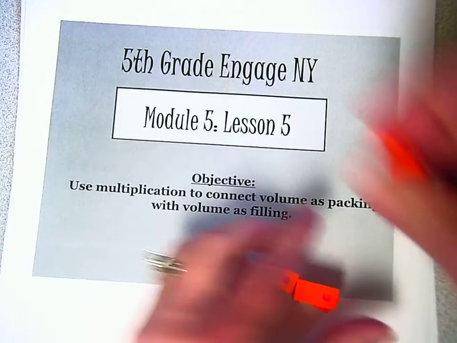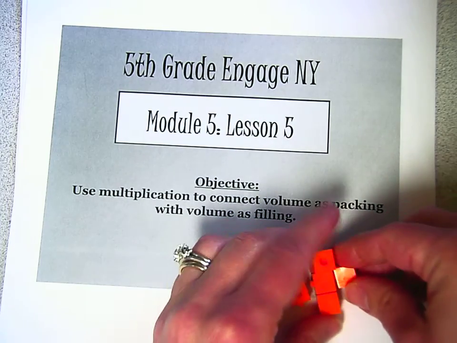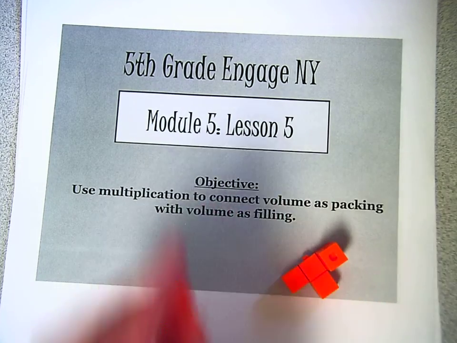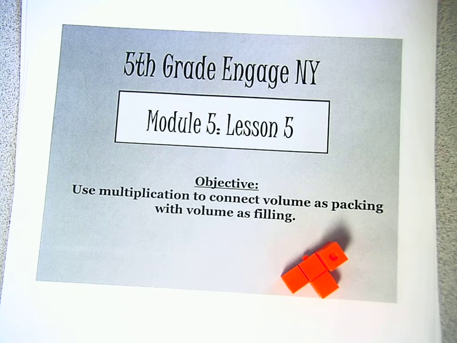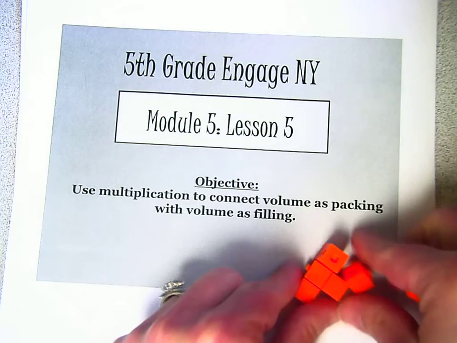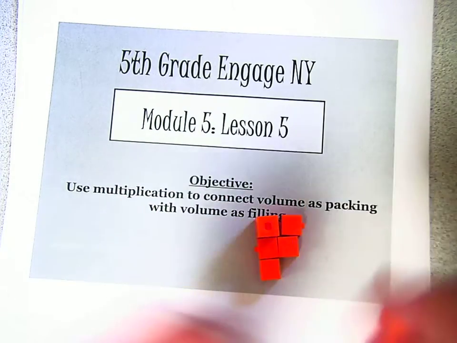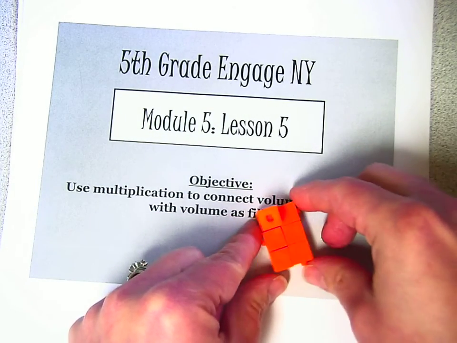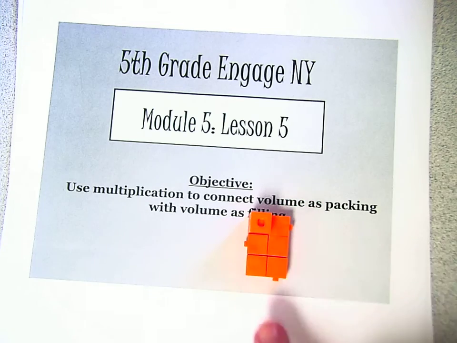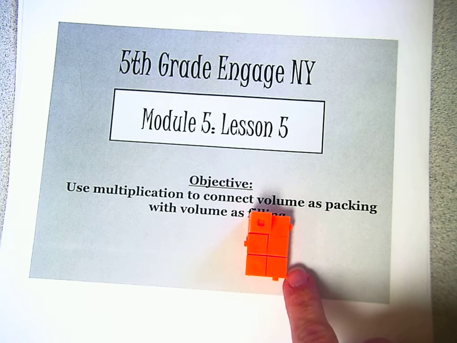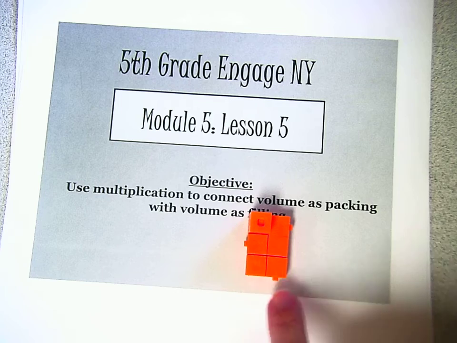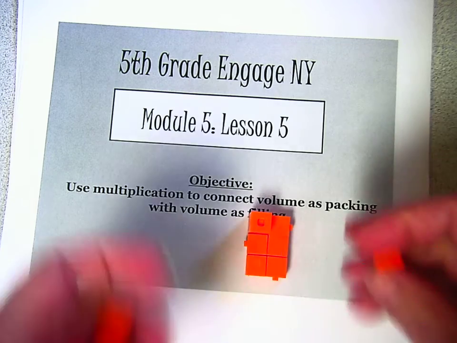In lesson 4, we expanded our thinking and we learned that you can find the area of the base. Remember, area is length times width. So we have 3 times 2, that would give me a base of 6.